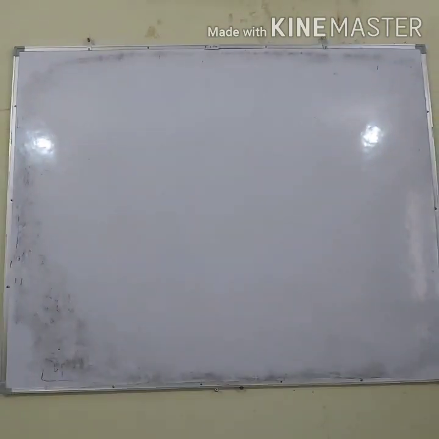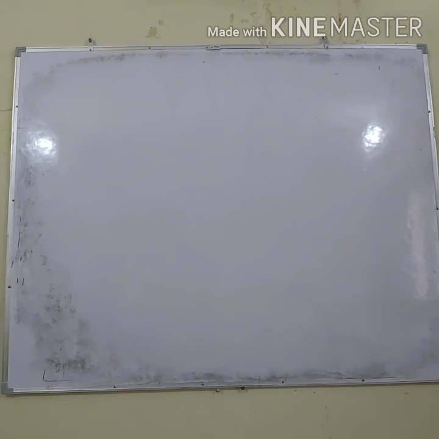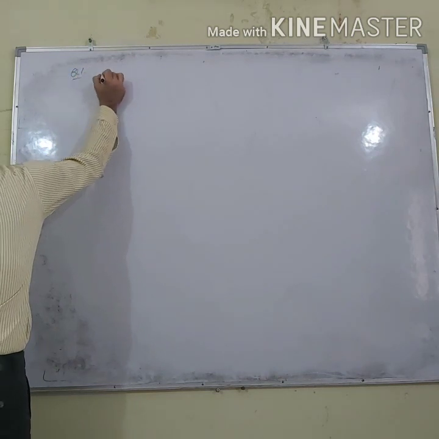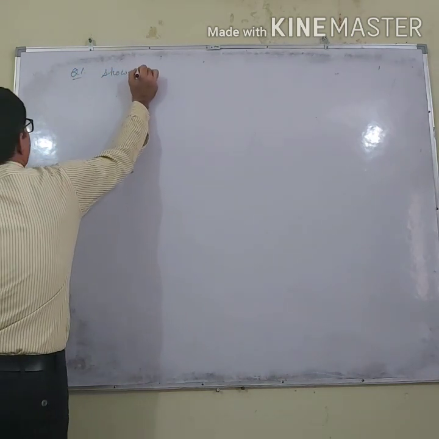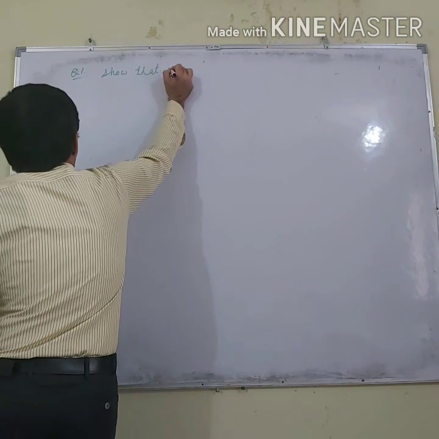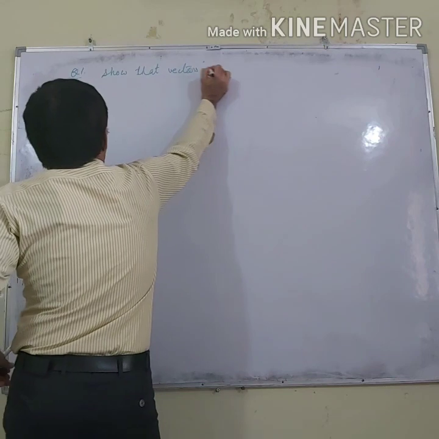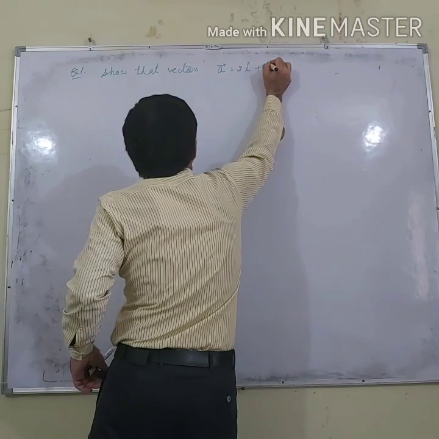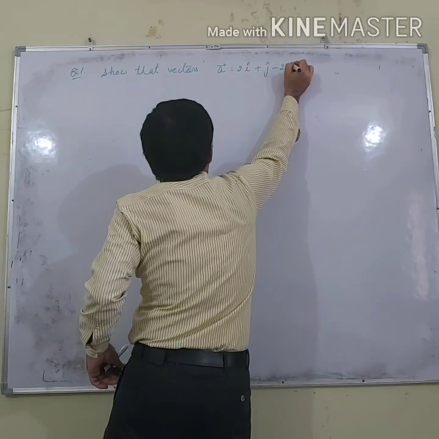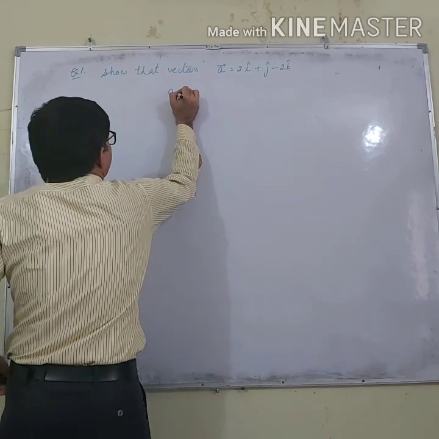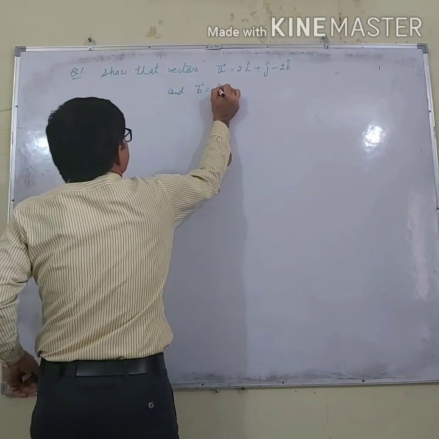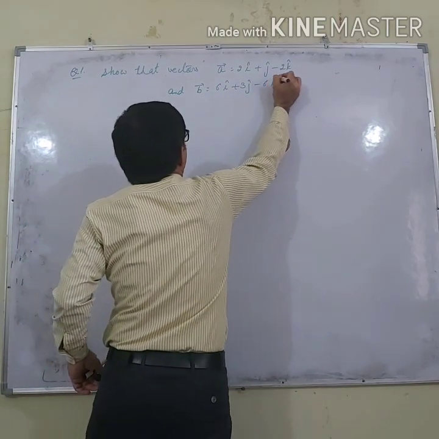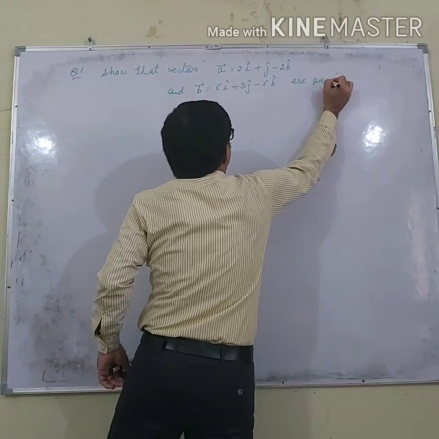Question number 1: show that vectors A equals 2i cap plus j cap minus 2k cap and vector B equals 6i cap plus 3j cap minus 6k cap are parallel.